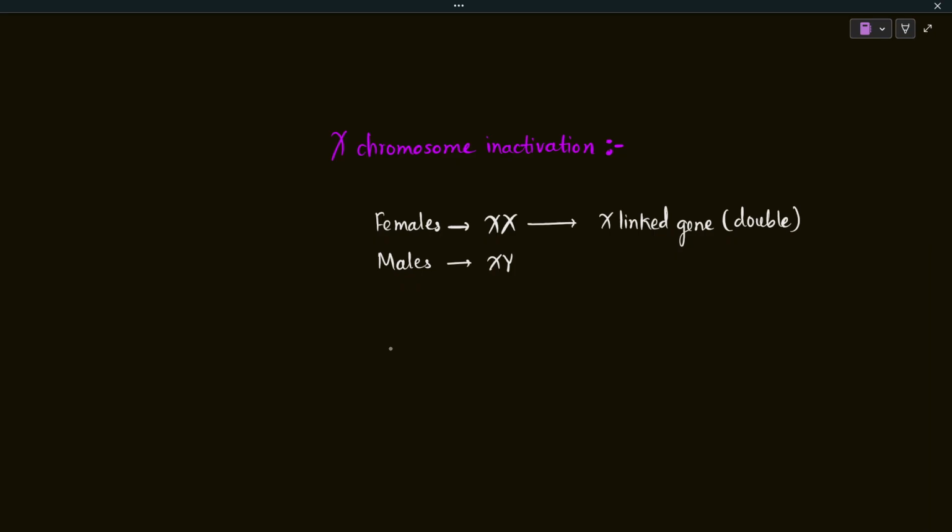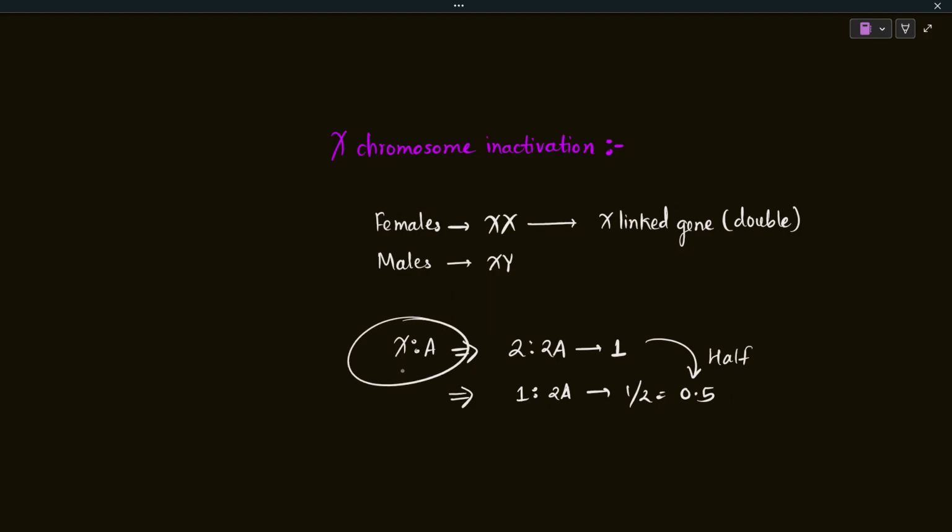In females, the sex chromosome to autosome ratio: they have two X chromosomes on a diploid set of autosomes, and that ratio is 1. While in males, they have one X chromosome on a diploid set of autosomes, that is why the ratio is half, which is 0.5. So this is exactly half of the females. Okay, so the females would have double the expression of the X-linked genes compared to the males.